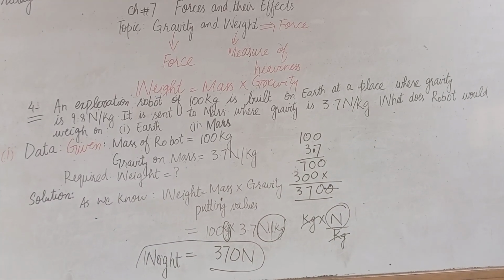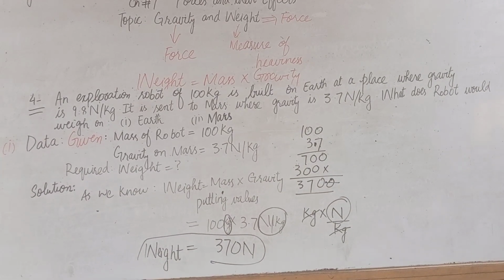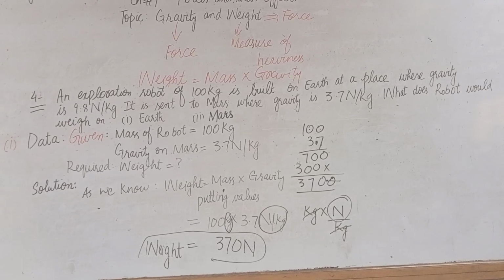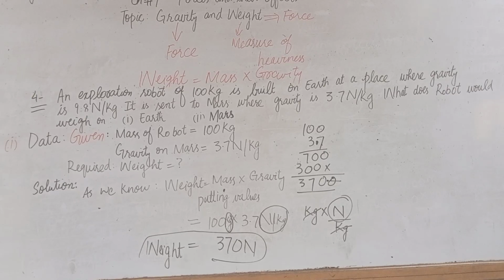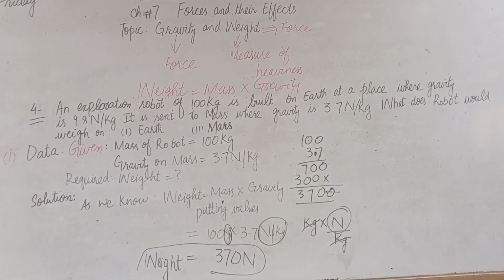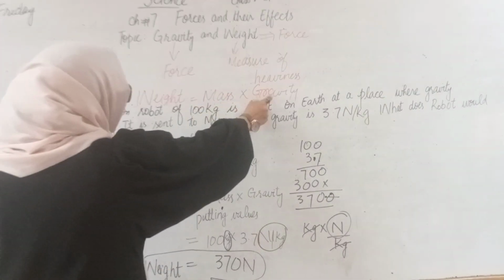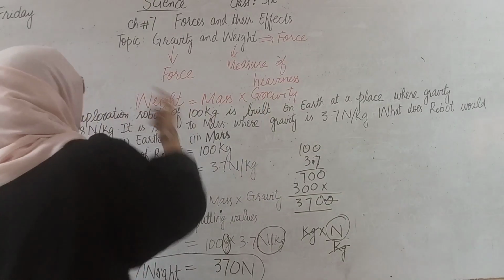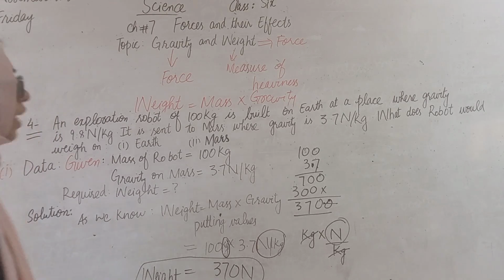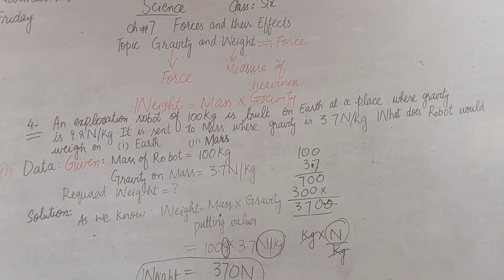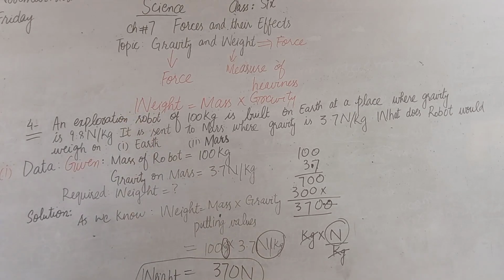By the same method, we can find the weight on any area, on any planet, with the help of mass and gravity. When we know the mass and gravity, we can find weight easily with the help of this relation. As weight is equal to mass into gravity, you should know the mass and gravity. If they are given, then you can easily find the weight.